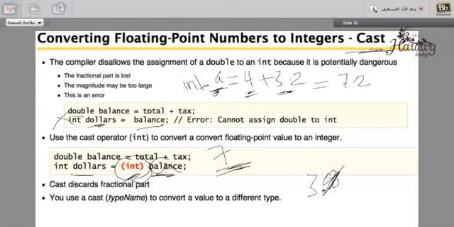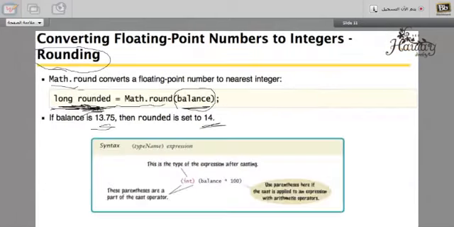It will convert the double into an integer. That's one method. Another method is rounding.